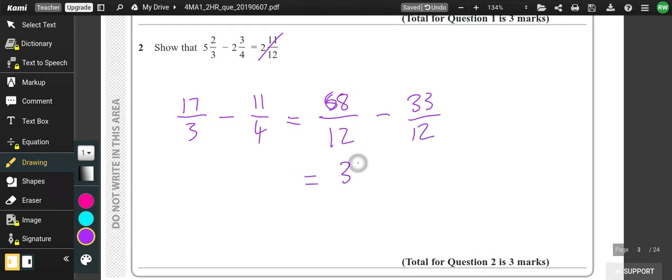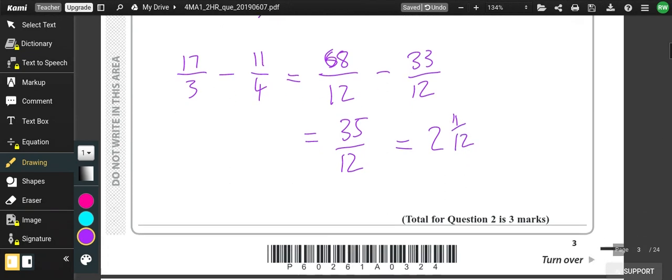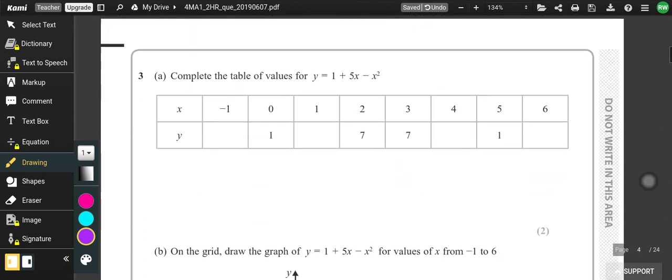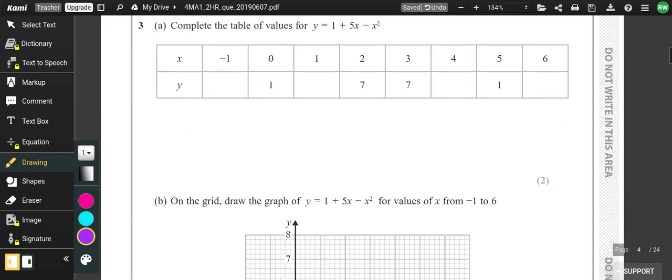That gave us 35 twelfths. And then 12s into 35 go 2 and 11 twelfths. So make sure you just do it in that form, left-hand side, and then try and make it equal the right-hand side.